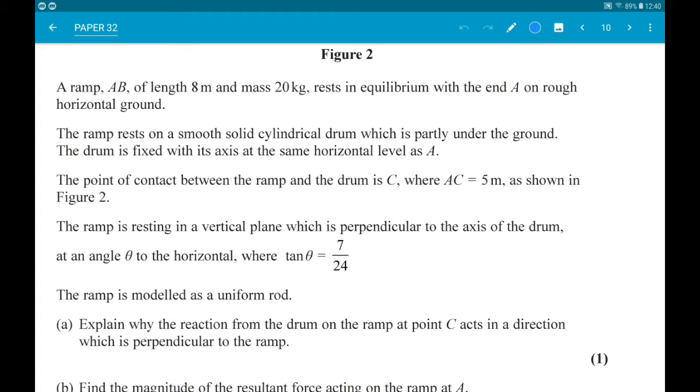Part A. Explain why the reaction from the drum is only acting in a perpendicular direction to the ramp. That is because the drum is being modelled as smooth, which means there's no friction between the ramp and the drum, so the only force acting on the ramp from the drum is a perpendicular normal reaction.